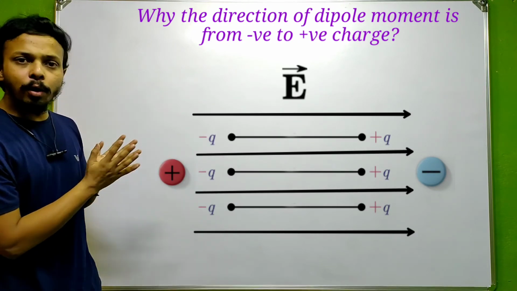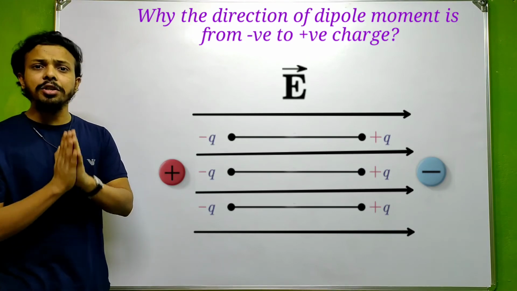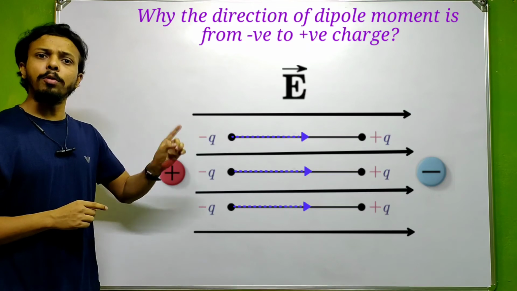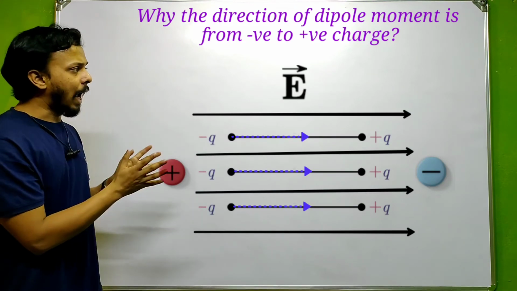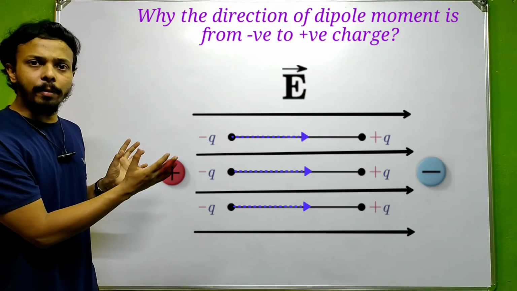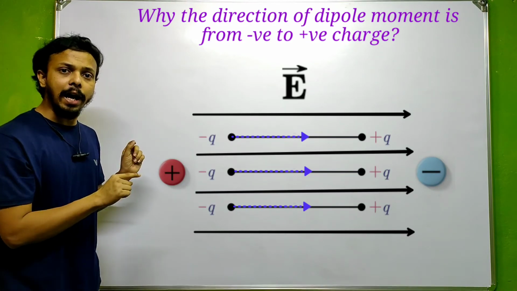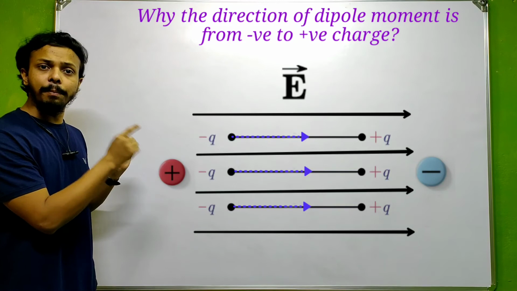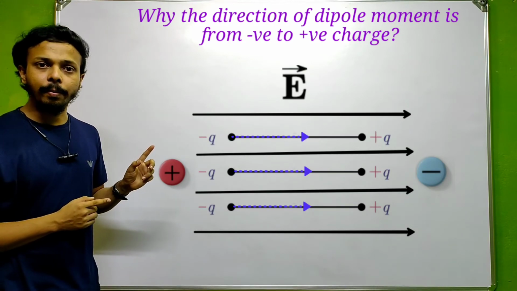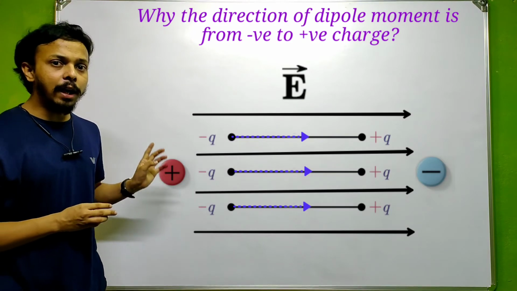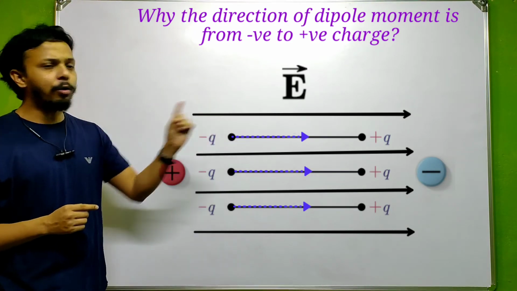Now if you see the dipole like this, the direction of the electric field is nothing but the direction of the electric dipole moment. So if the dipole is arranged like this in a uniform electric field, the direction of the electric field is taken as the direction of the electric dipole moment, like this. I hope you understand this. Therefore, the direction of the electric dipole moment is taken from negative to positive.